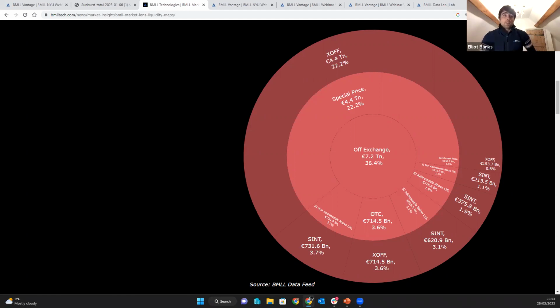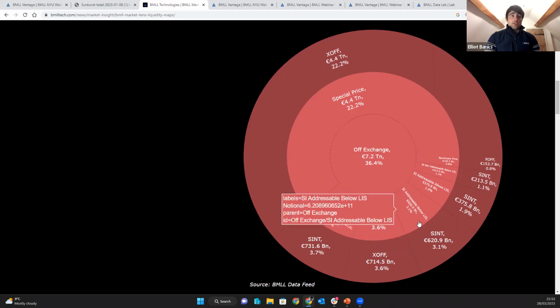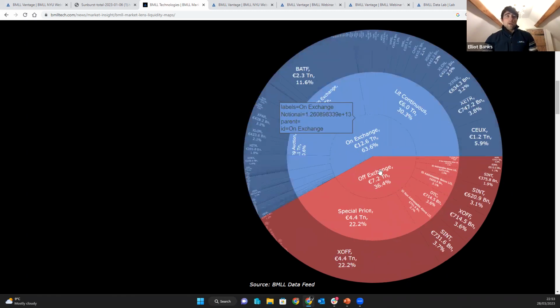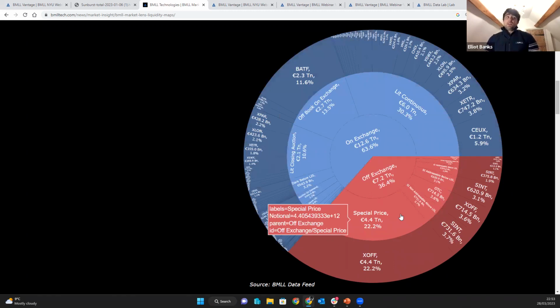What you can see is that systematic internalizers do form a decent percentage of this off-book trading, but we also then have what we call special price, which is a way we've classified data, and overall it's a very large percentage of trading, roughly 20% of the market. This is what participants and practitioners would consider non-addressable liquidity. There tends to be a pool of liquidity that isn't addressable to a lot of participants in the market, and people tend to discount it from calculations.